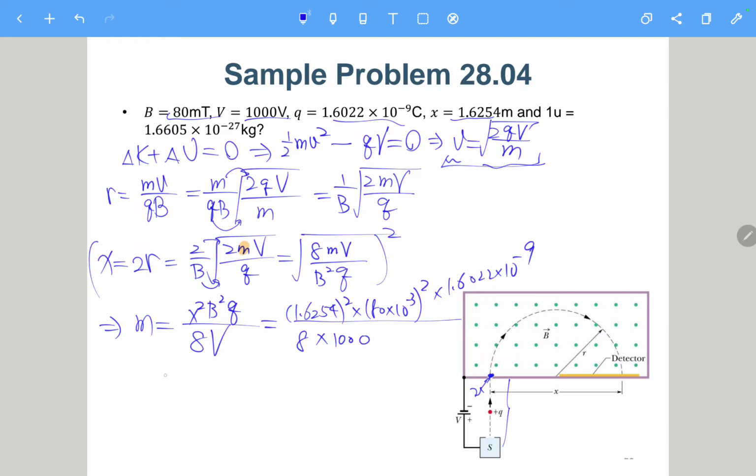Okay, so finally this is 3.3863 times 10 to the minus 25 kilogram.